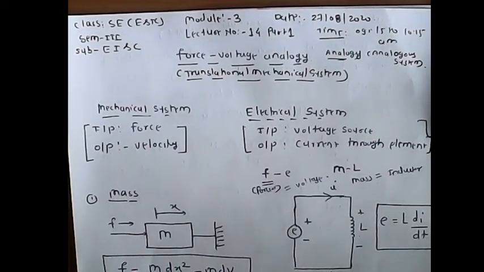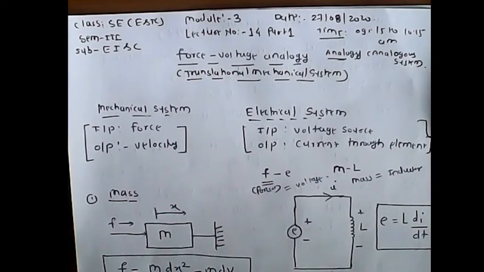These first two methods I will explain for the translation mechanical system converted into electrical system. The first method is the force voltage analogy, that is FV analogy, in which the translation mechanical system is converted into electrical system.